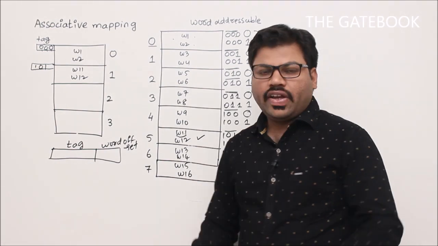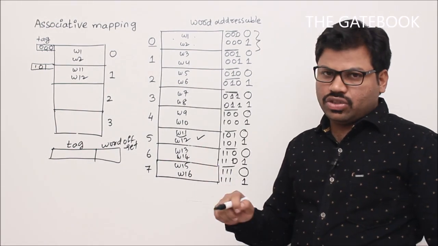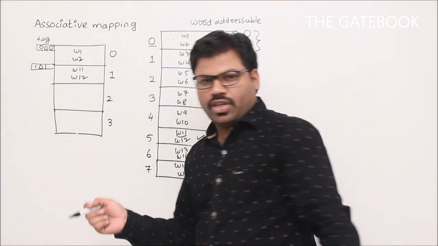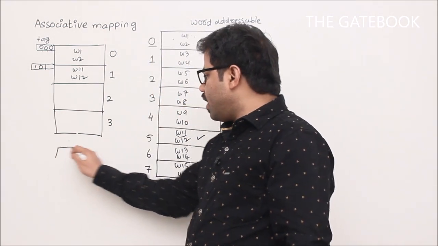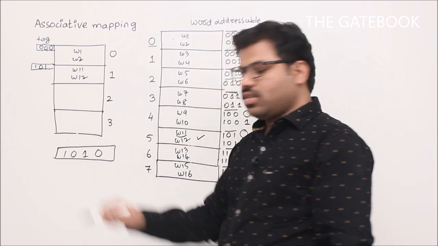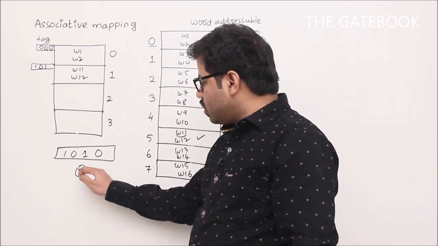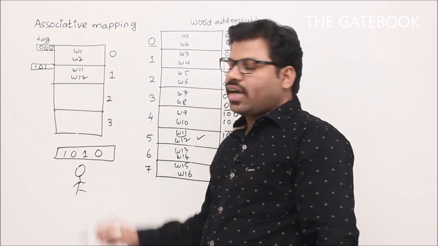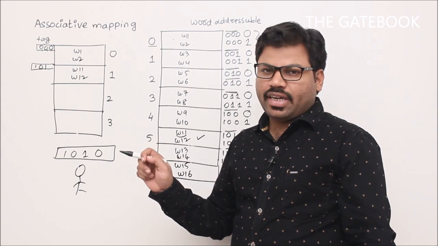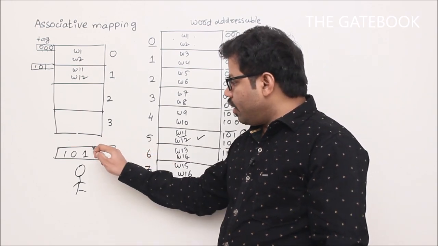Now example, let's say I am searching. How do I search? Suddenly you thought of accessing the memory. Now this is your random memory address, 1010, 4 bits. Now this is your processor. How is the processor going to access the memory? First it will check the cache. In the direct mapping technique, we divided the address into 3 parts.